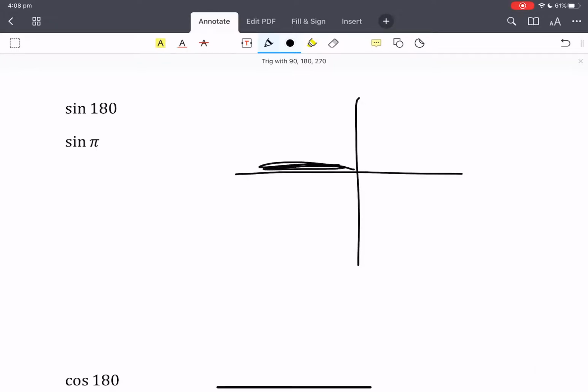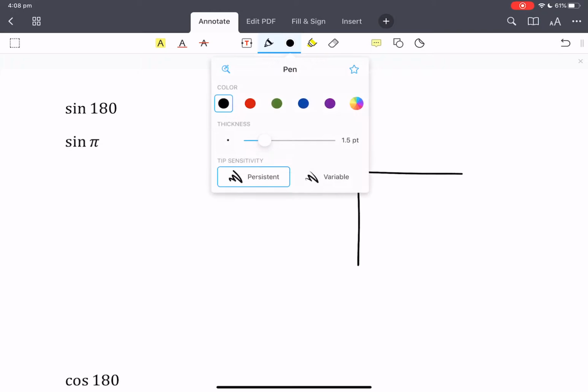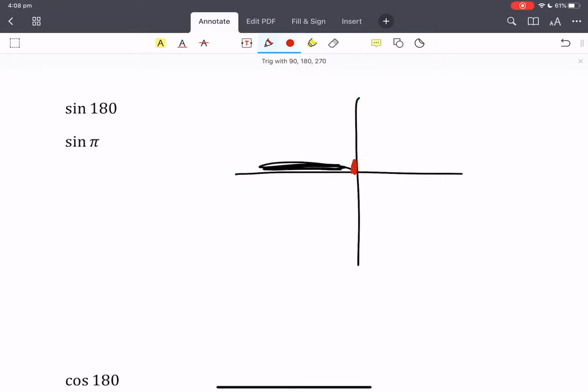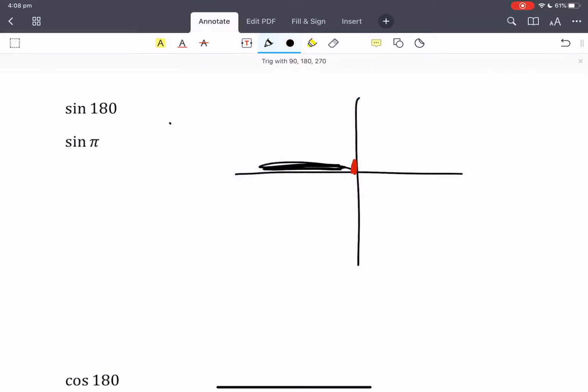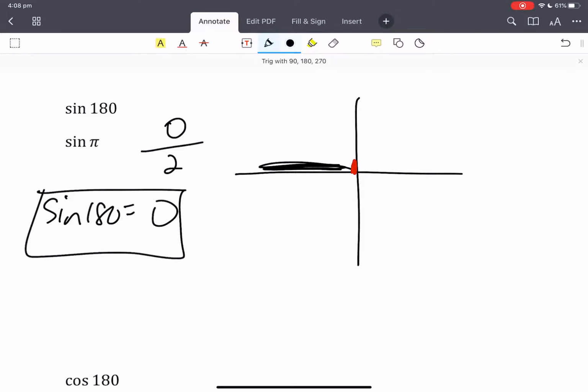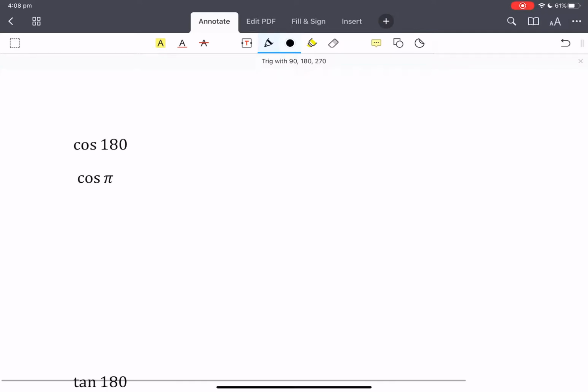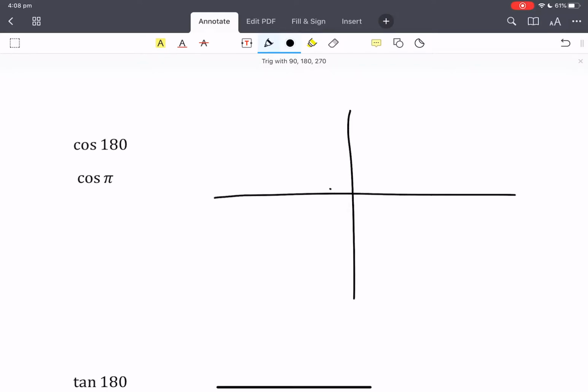180. So here's my 180. My red line is sort of not there, is it? So sine will be O, which is 0, on H, which is 2. So sine 180 is back to 0. There's my 180 degrees or pi. So cos is blue on black, or A on H. My H is 2.